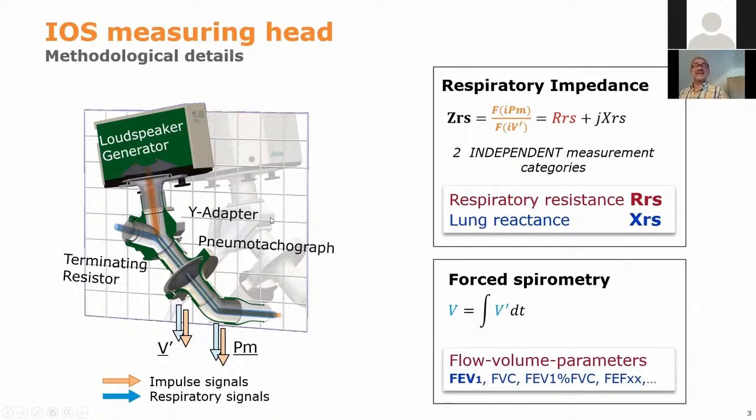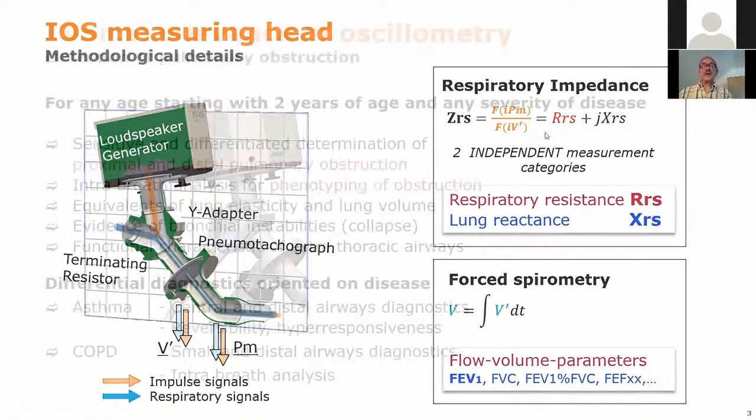That means this system integrates forced spirometry following the latest ATS, ERS recommendations. In this way, you can have a complete lung function test, and that means that beside forced maneuvers, it is possible to have tidal breathing analysis as well.